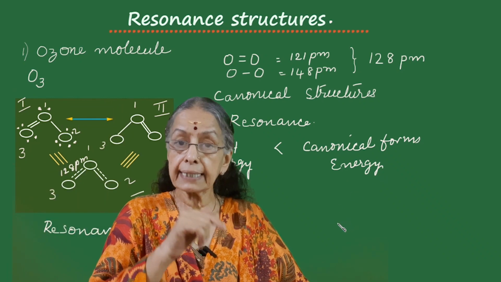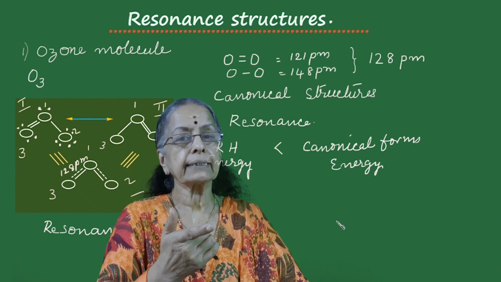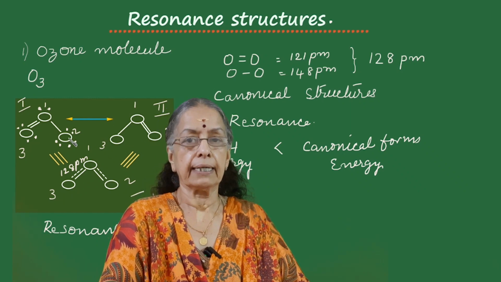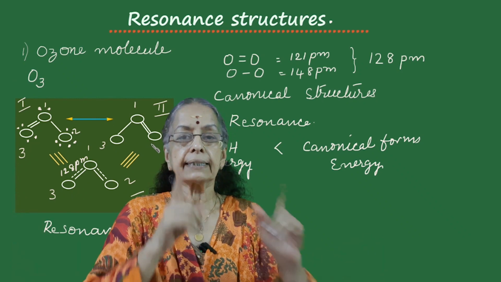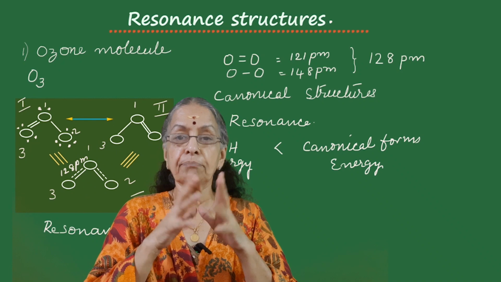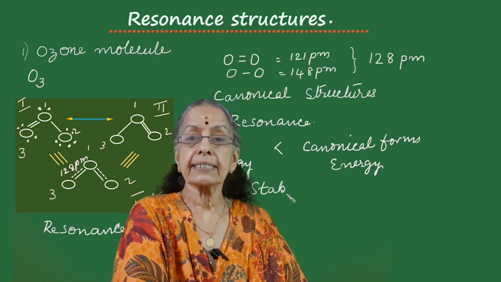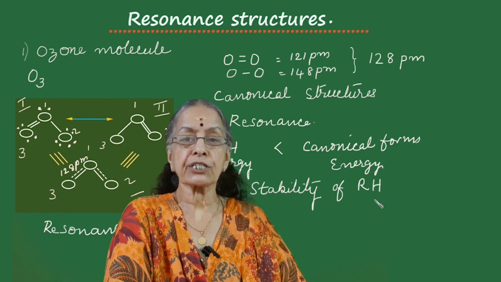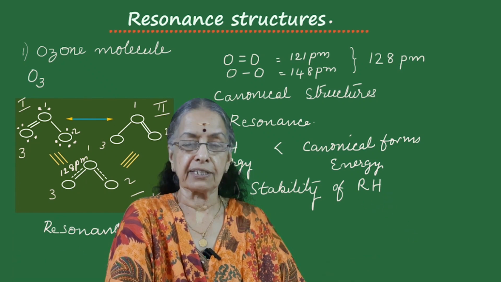And we know, less the energy, more the stability. So the resonance hybrid is more stable than the canonical forms. That is why it exists as resonance hybrid. The first reason is stability of resonance hybrid. I have used the short form RH for my convenience.